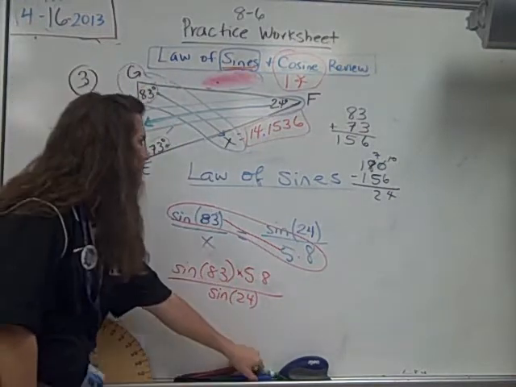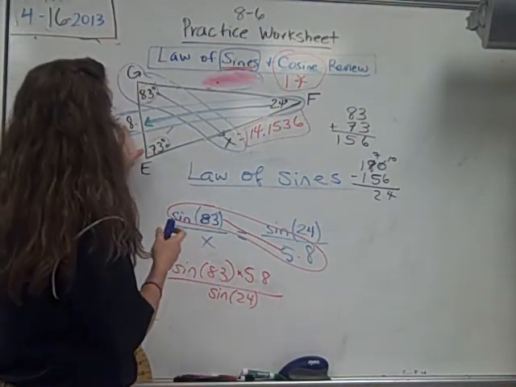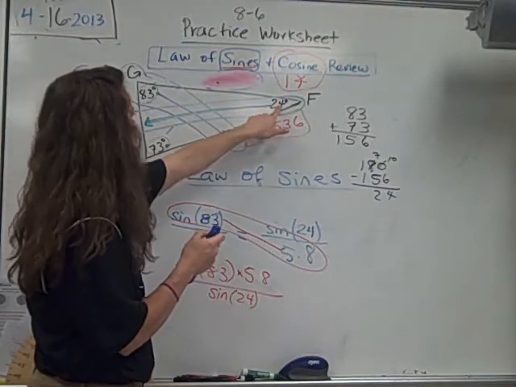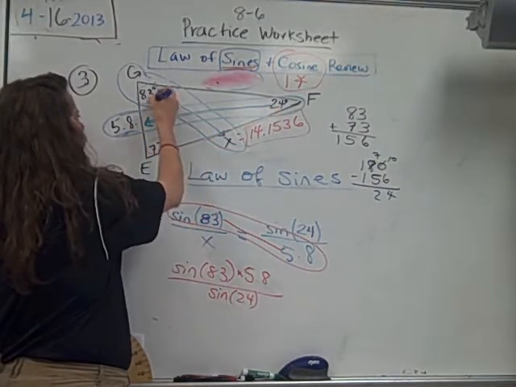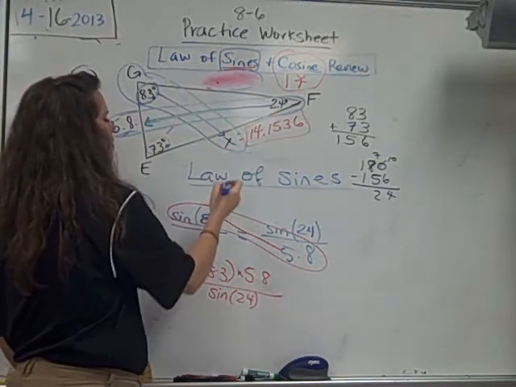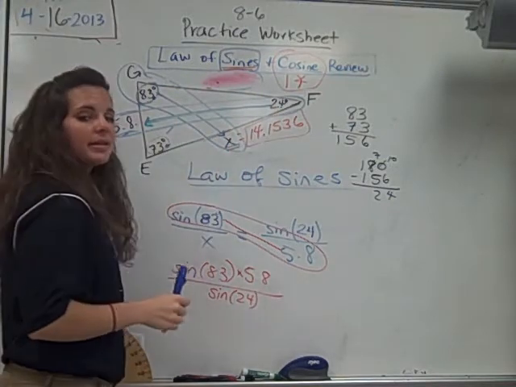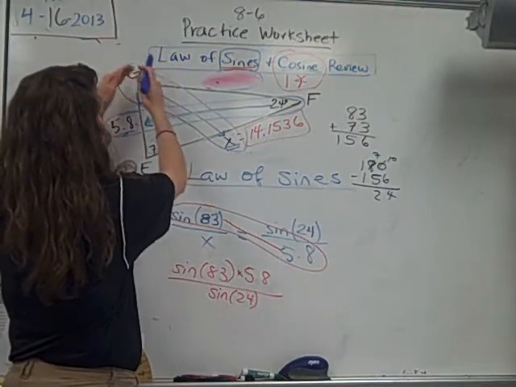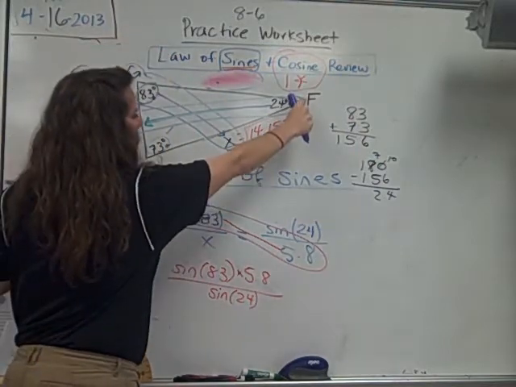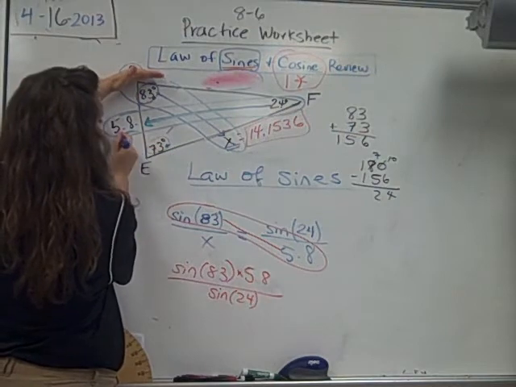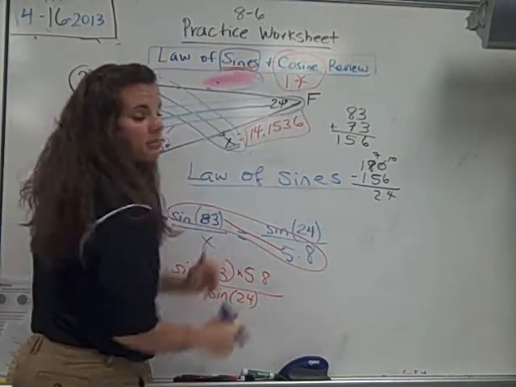So look at it. We were given 5.8 is opposite 24. That's a small angle. 83 is a lot bigger than this 24. So what should be true about this opposite side? It should be bigger because this angle is wider. So this side should be bigger than this side because this angle is smaller here.